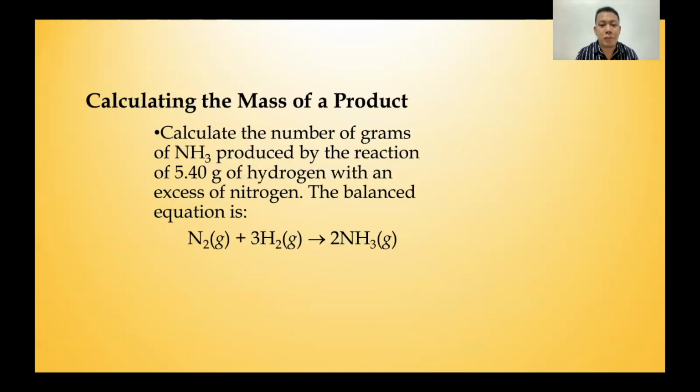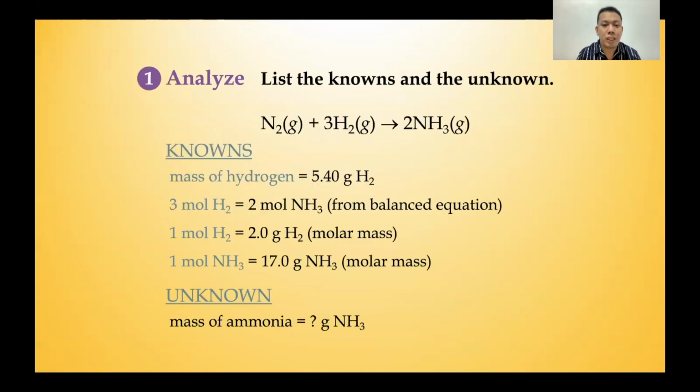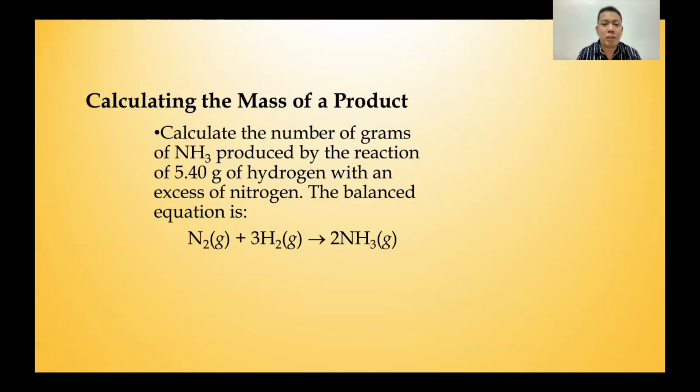So let us now proceed to calculating the mass of a product, with the same equation. Calculate the number of grams of ammonia produced by the reaction of 5.40 grams of hydrogen with an excess of nitrogen. So the balanced equation is N2 + 3H2 produce 2NH3.